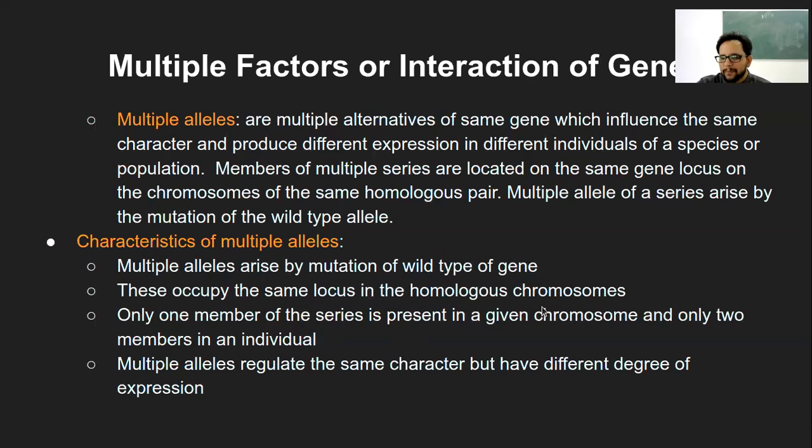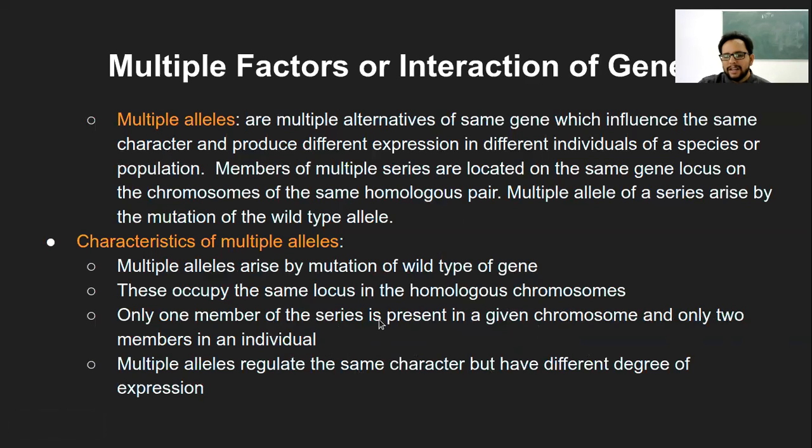Only one member of the series is present in a given chromosome, and only 2 members in an individual. That means out of these multiple copies, only one is present on the given chromosome, either on the maternal or paternal set of chromosomes, and only 2 copies can be present in an individual.